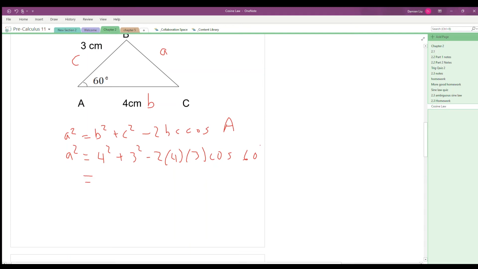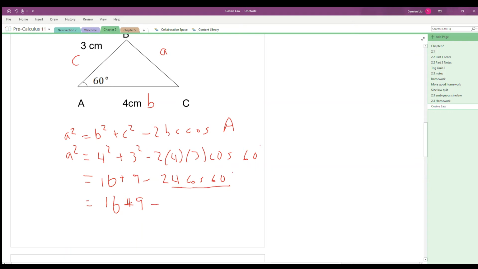So let's go ahead and do this. This is 16, this is 9, and you've got to be really careful with this because there's an order of operations thing going on here. So 2 times 4 times 3 is 24, and then cos 60 degrees. I have to do the multiplication right here.